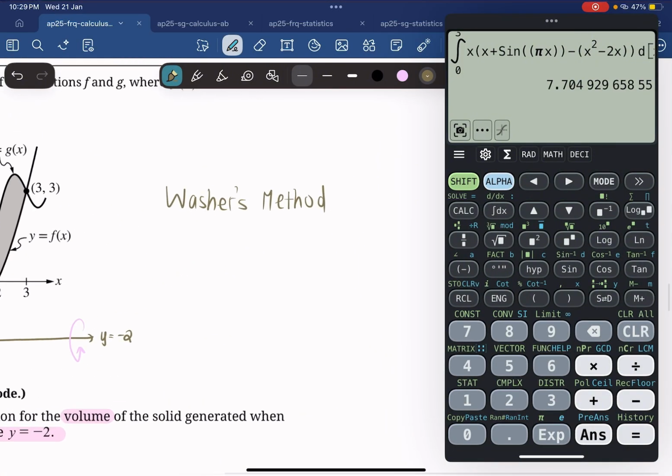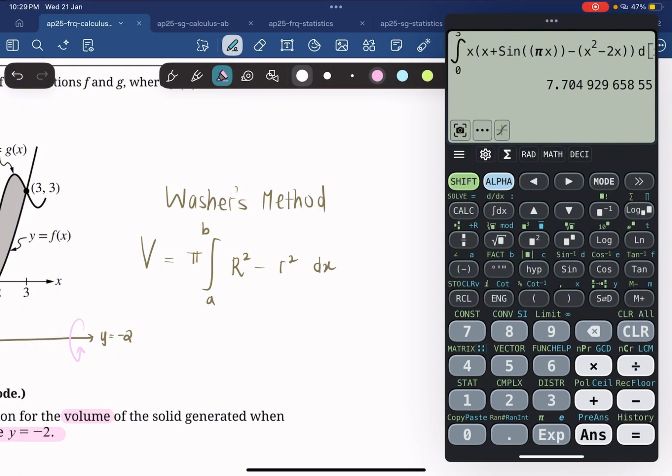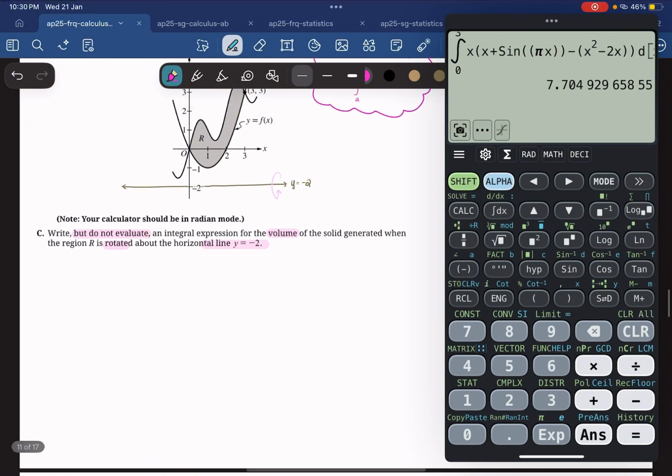And what's the rule for Washer's method? Volume equals pi integral from a to b, capital R squared minus small r squared dx. Okay, so that's our rule.